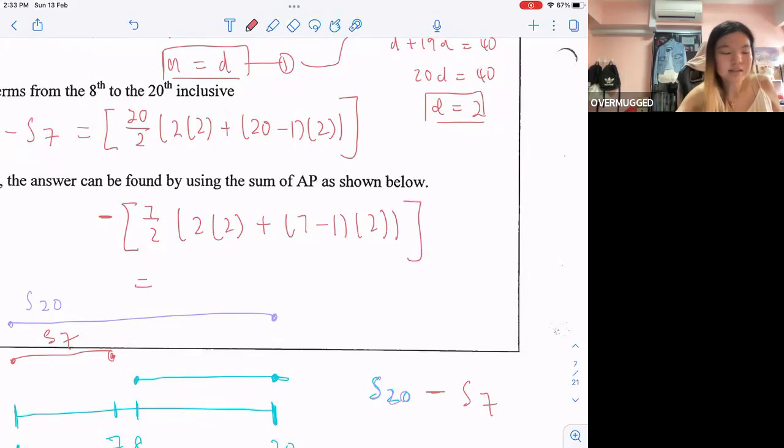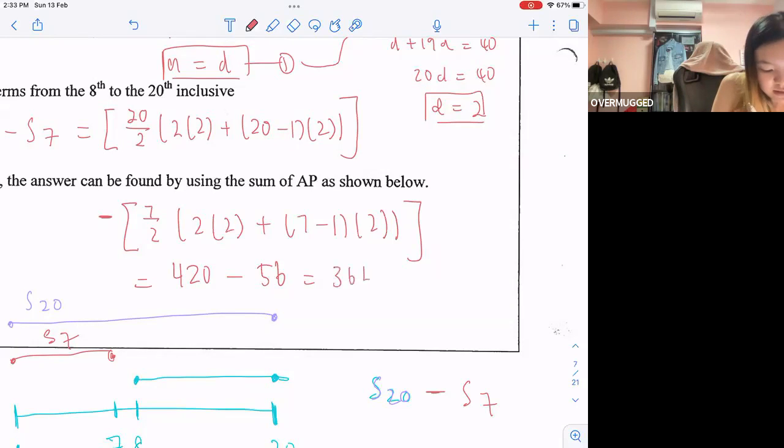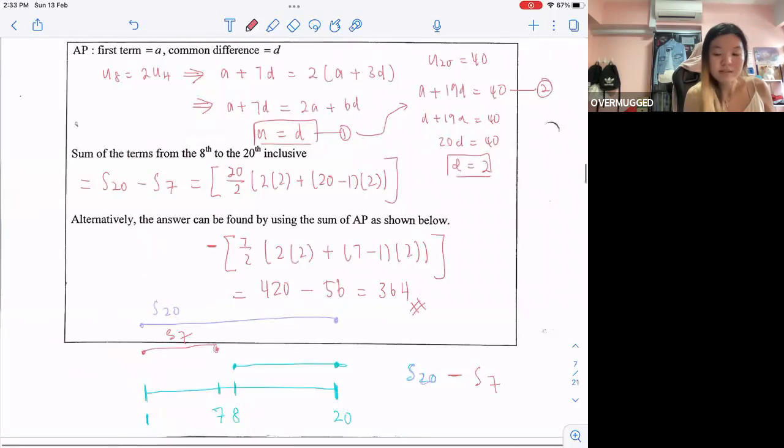If I calculate this out, I should get 420 minus 56, which is 364. And this will be your final answer.